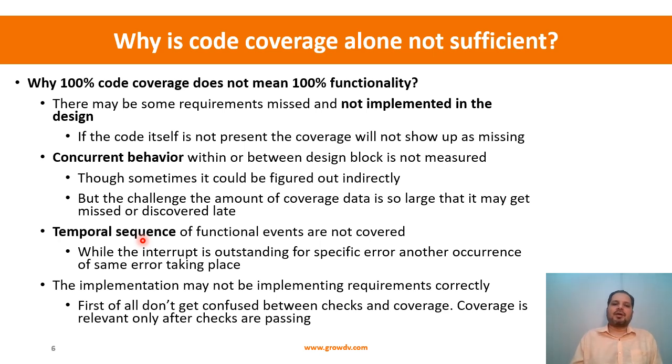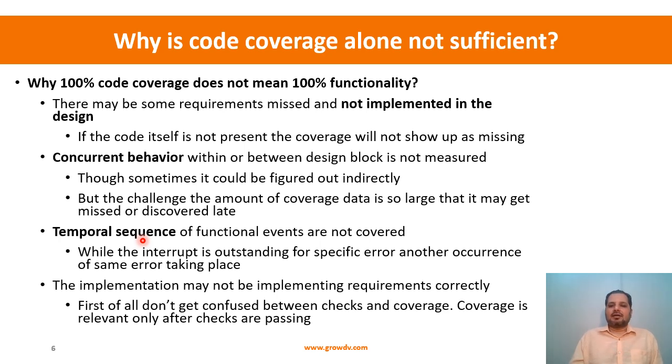For example, if I wanted to find out whether an outstanding interrupt was already present before the occurrence of an error, and whether such a scenario has happened, I cannot do that with the help of only the code coverage. That's not possible.